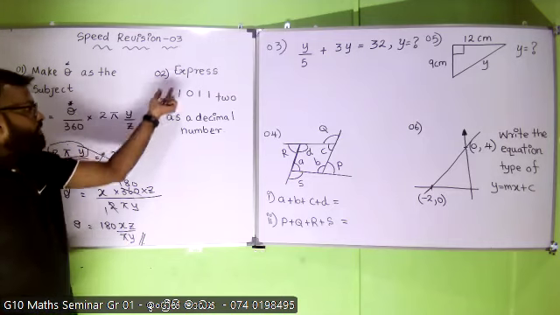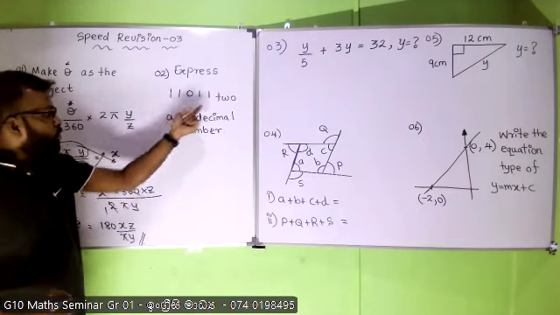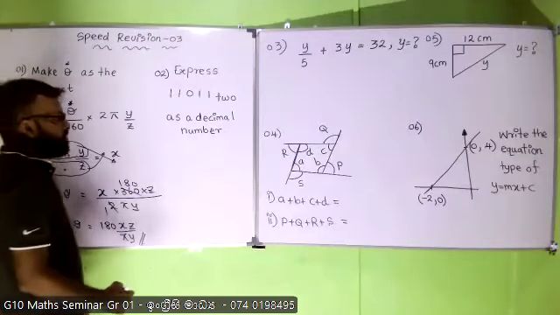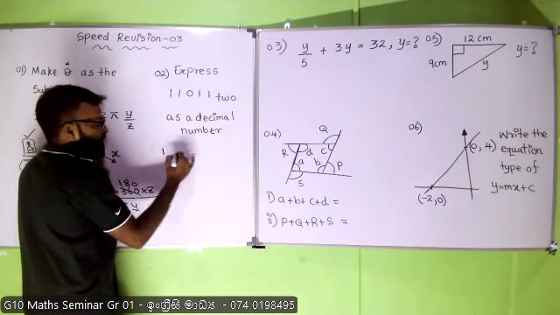Express 10111 base 2 as a decimal number. This is the binary number.